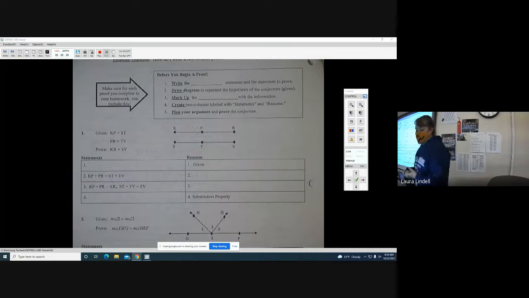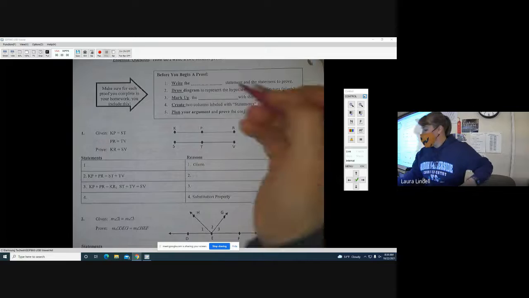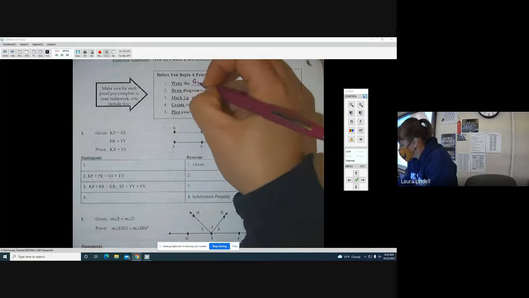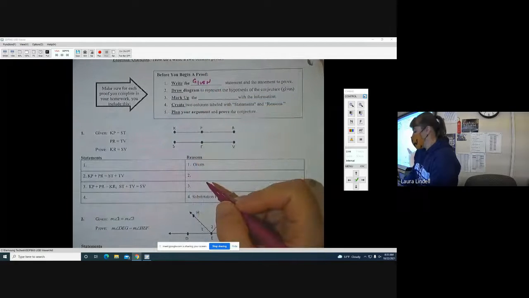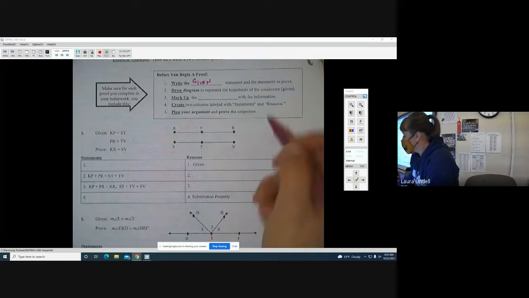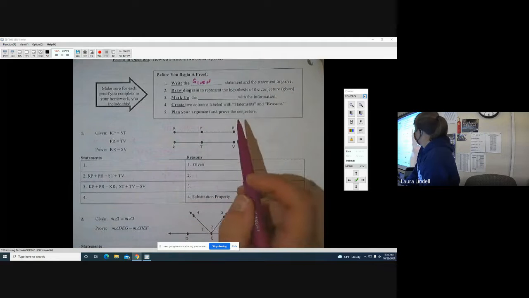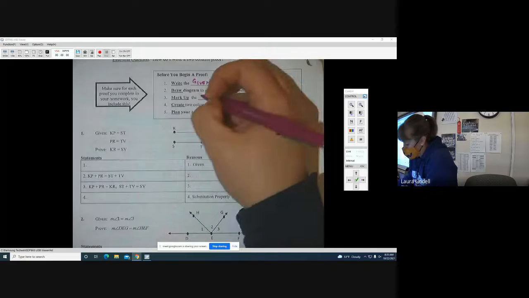geometric proof. So just as a reminder to ourselves of what we learned yesterday, you always start with writing the given. So in that blank on the top, we always start with writing the given statement and the statement that you're trying to prove. Remember, that goes at the end. And we mark up the diagram.